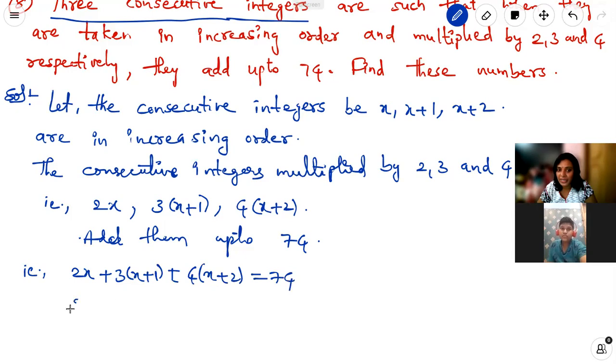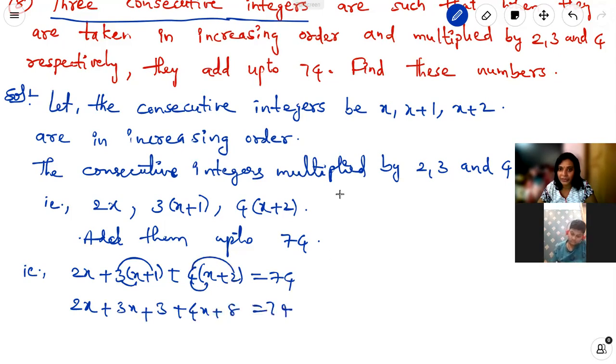Simplify the left hand side. 2x plus 3 into x plus 1, by distributive law, 3x plus 3, plus 4 into x plus 2, 4x plus 8, equal to 74. Add x terms: 2x plus 3x is 5x, 5x plus 4x is 9x.